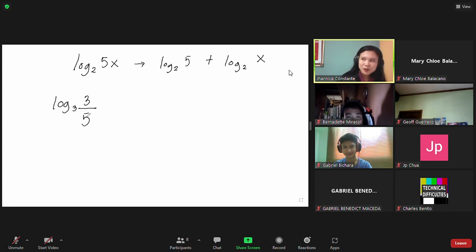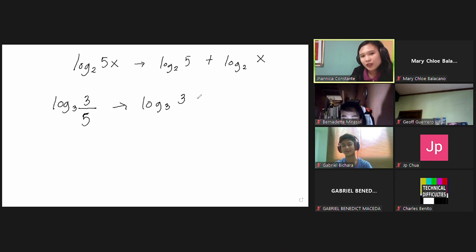Since the operation is division, we apply our quotient rule, so we subtract the two logarithmic functions. We will be having log 3 minus log 5. That is for the quotient rule.